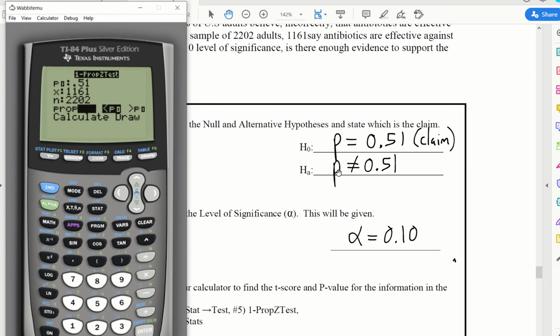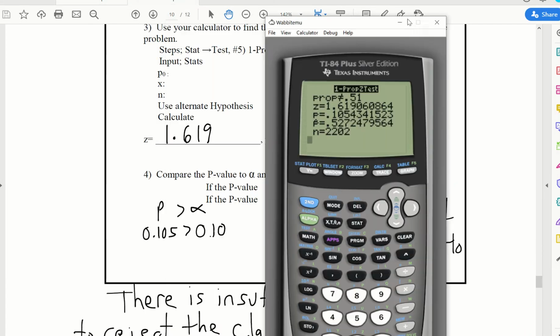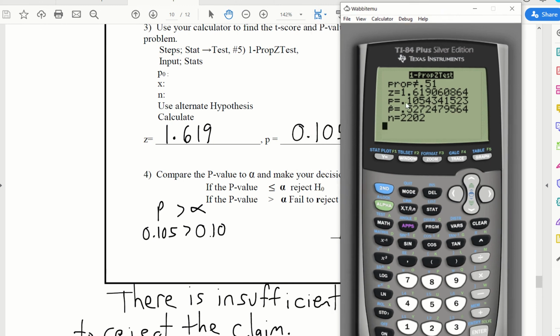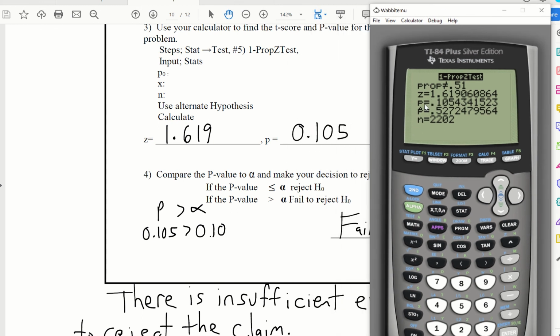Because the alternative was p is not equal to, this is going to be a two-tailed test, so we select the two-tailed test option here. Hit enter. We do calculate, and we get that the z-test score is 1.619. The probability value p is 0.105.